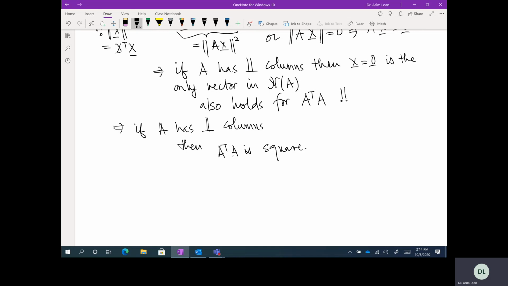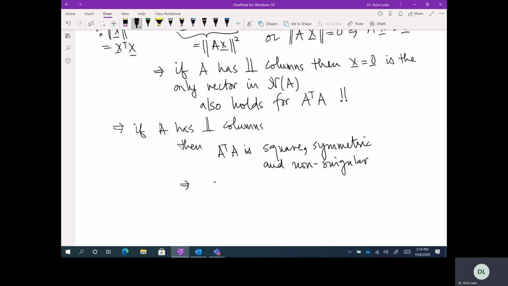This is always square, and it's always symmetric. And because it has independent columns, it is square, symmetric, and non-singular.